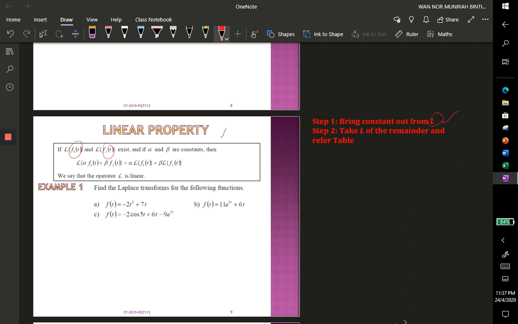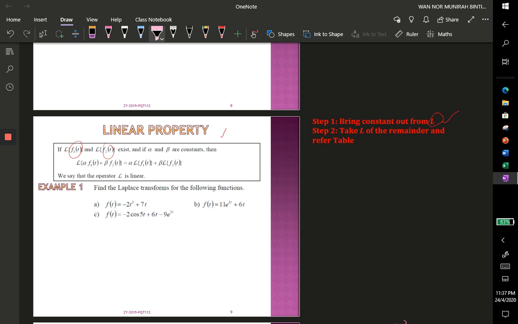You take out the constant, and then you just take the Laplace transform of the remainder, and you can refer to the table of Laplace transform.